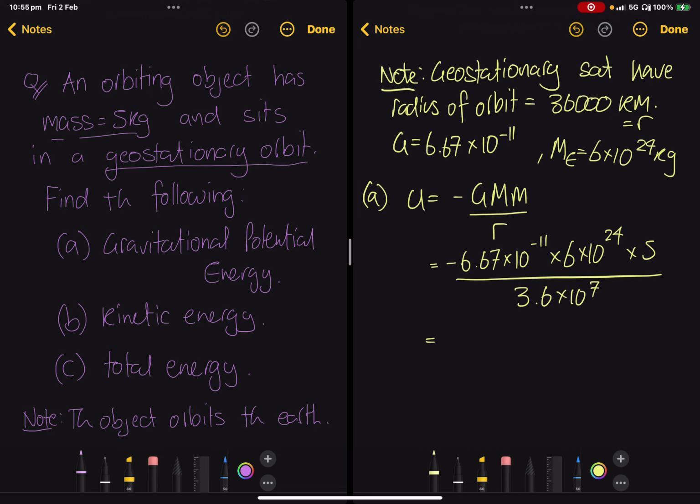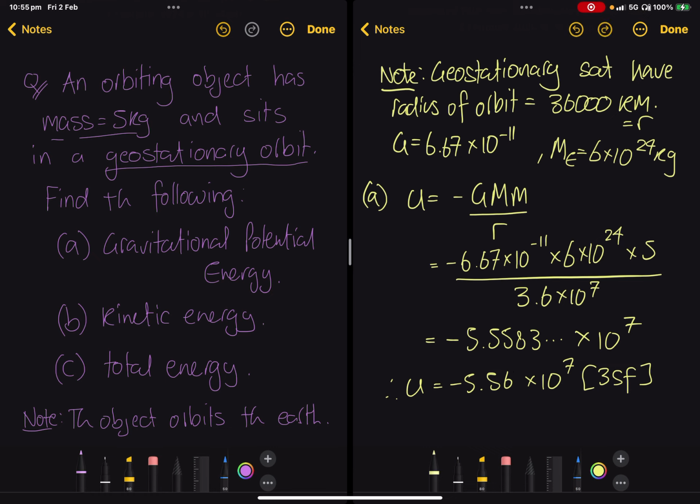This is all divided by 3.6 times 10 to the power of 7. So this gives us minus 5.5583... times 10 to the 7. So I'm going to write this answer as minus 5.56 times 10 to the 7 to 3 significant figures.